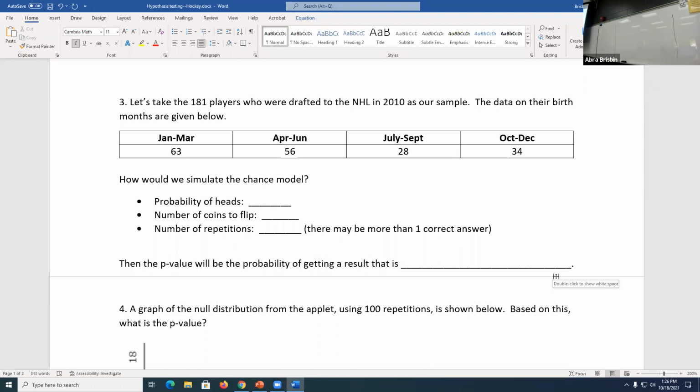When we do these tests, we want to assume the null is true. Let's assume the null hypothesis is true.